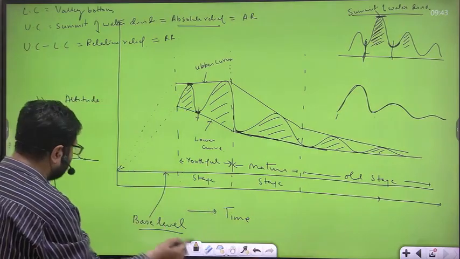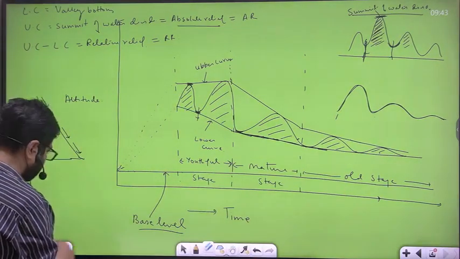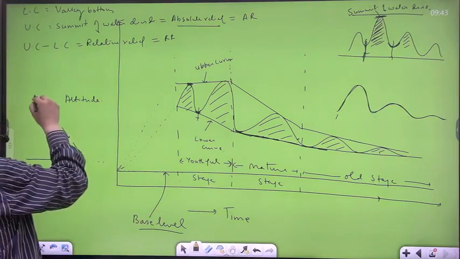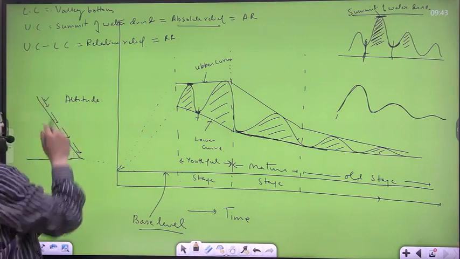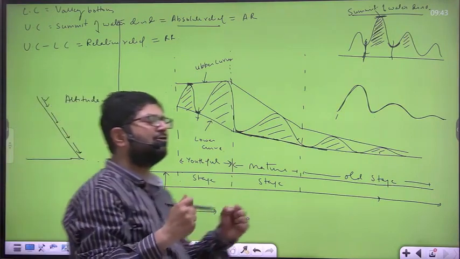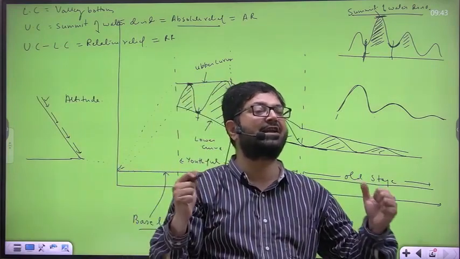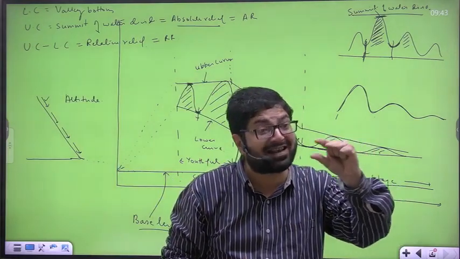This is sea level. Initially the slope is very steep, velocity of the river, the kinetic energy of the river is very fast. Velocity is very fast, kinetic energy is very high. Although the volume of water is less.